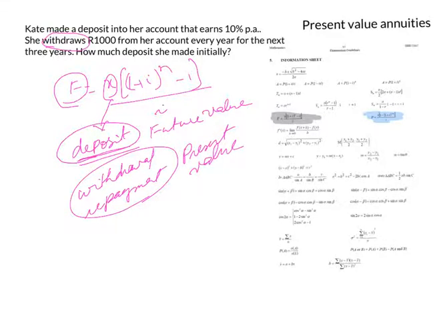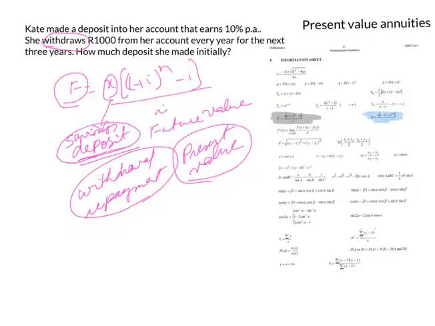That is how I distinguish between future value and present value, and which formula to use. So I am going to use the present value. We are going to find the present value because Kate already made a deposit into the account, and in future she is withdrawing the money, right? That is why we use the present value.